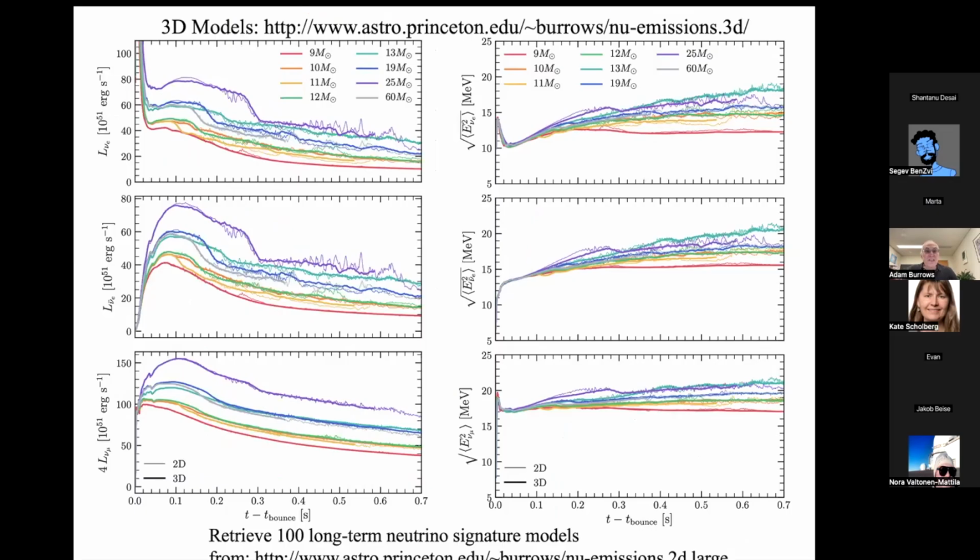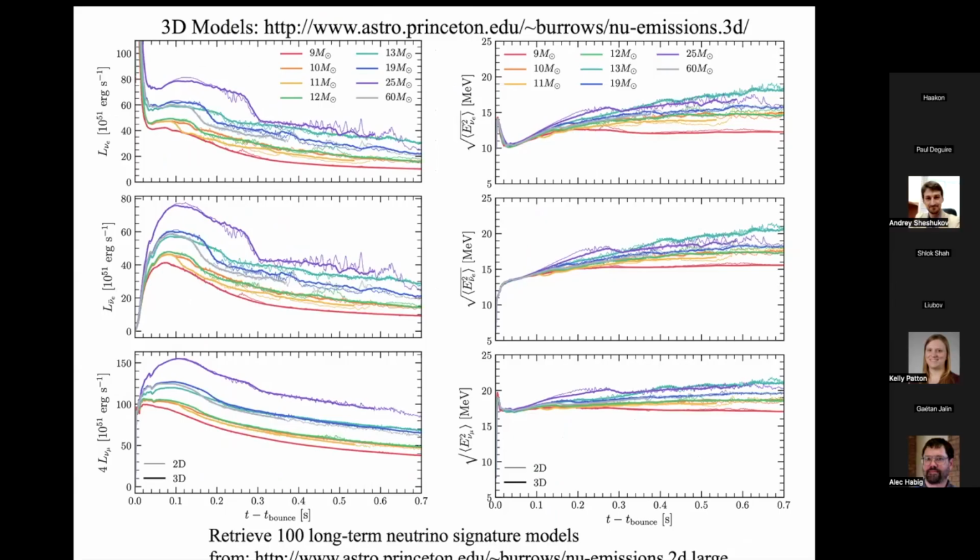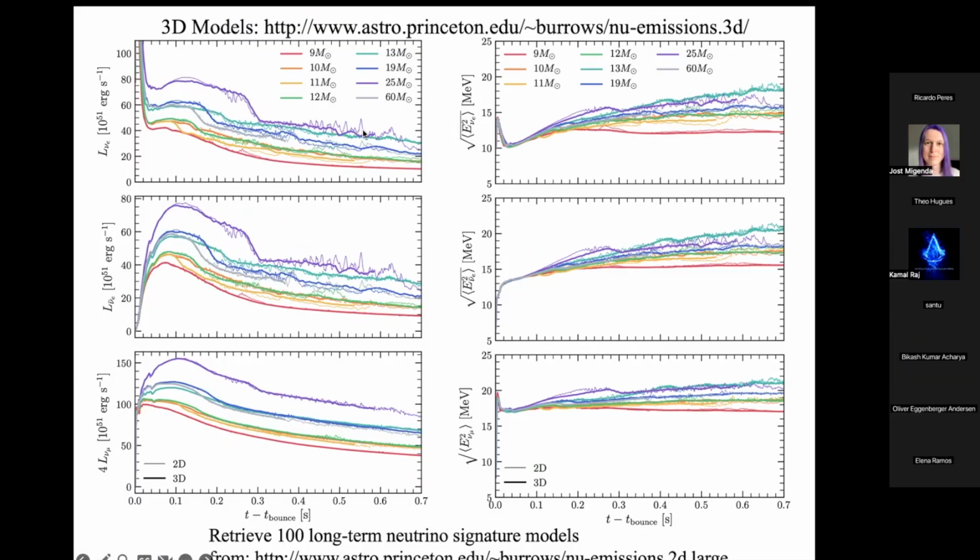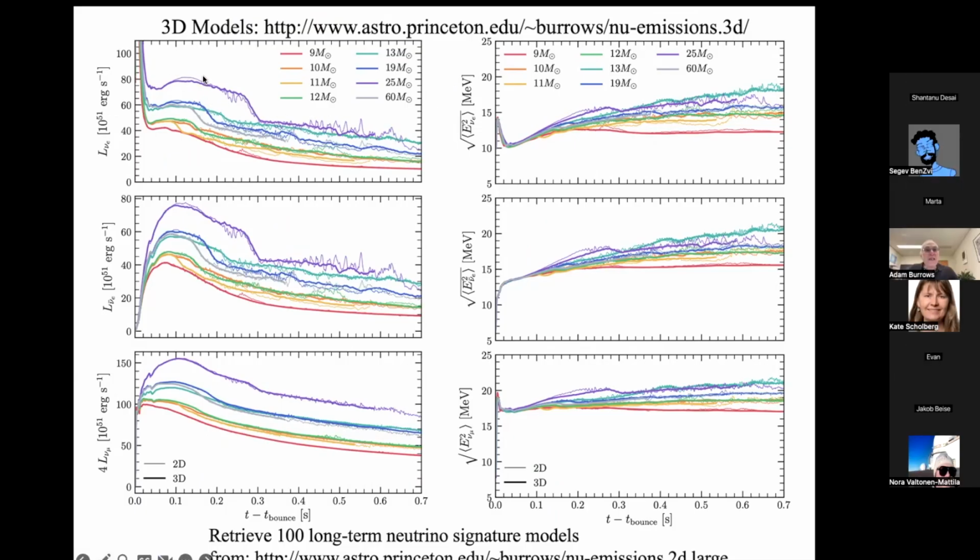Okay, and so these are examples of the neutrino signals versus time for different progenitors, and the thin lines in the top left are the 2D models. There's a lot of noise in the 2D models for reasons we understand. In the 3D models, these are solid angle averaged, and the solid angle average in the 3D case is much smoother.